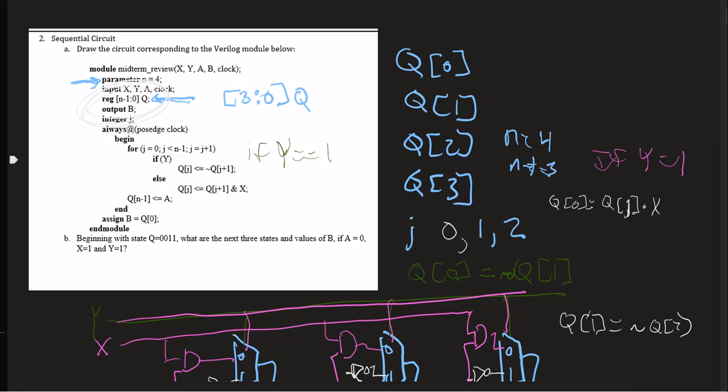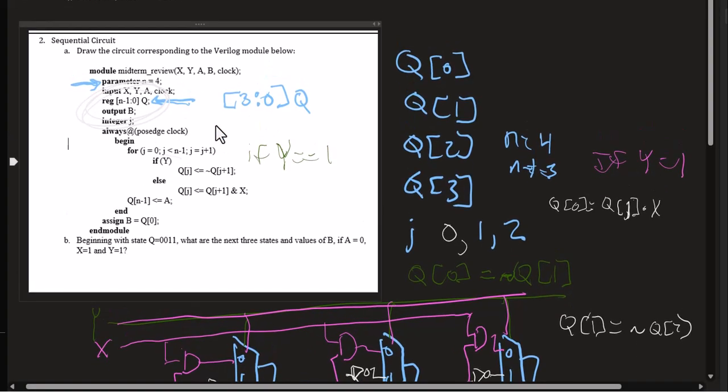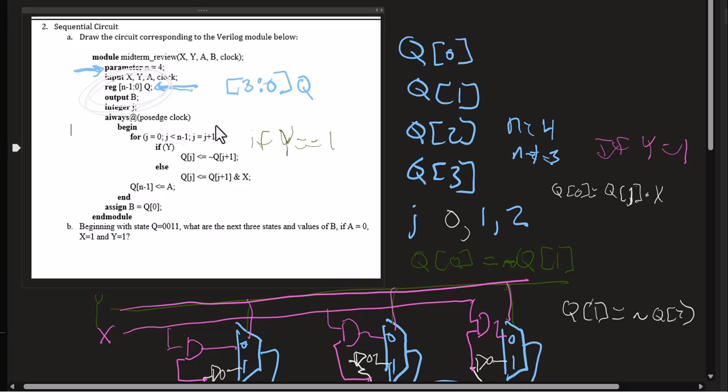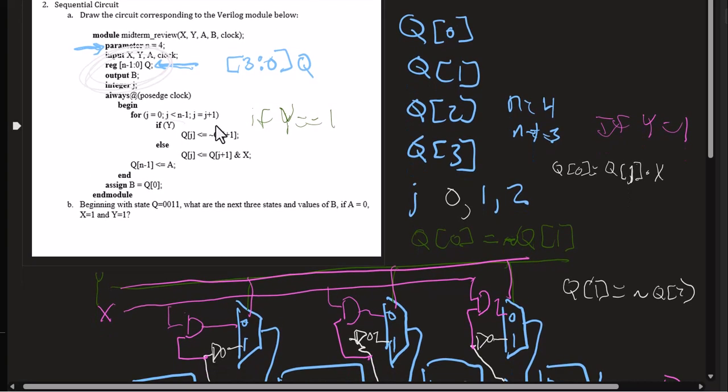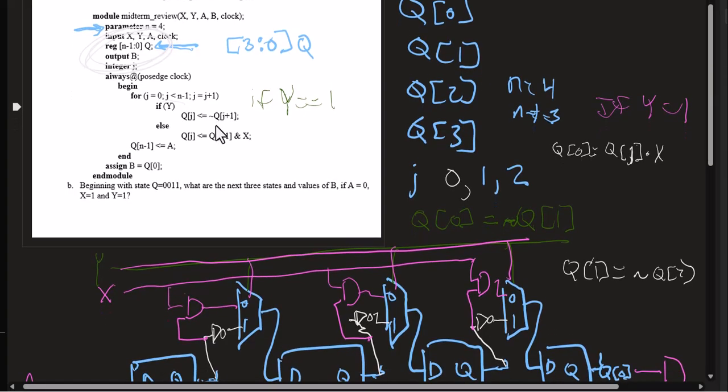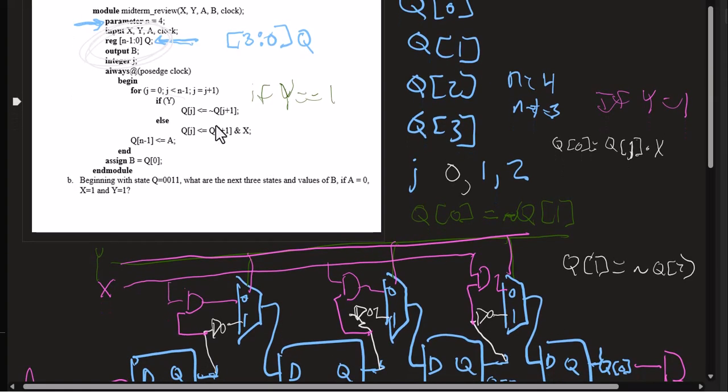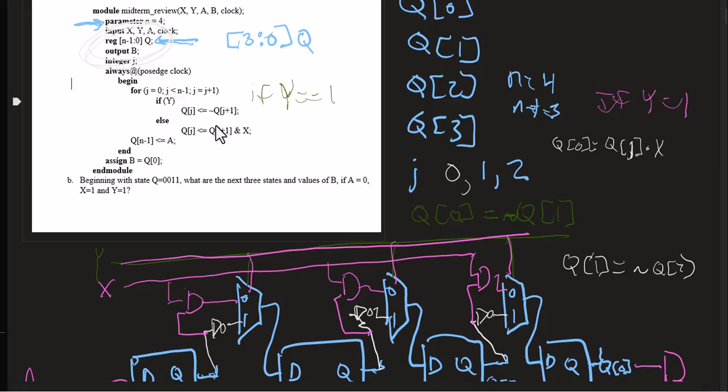B, we give it a value outside of the always block, so it is not a reg. What was the phrase you just said? When you assign a value inside an always block. If you're assigning a value inside an always block, it needs to be defined as a reg.